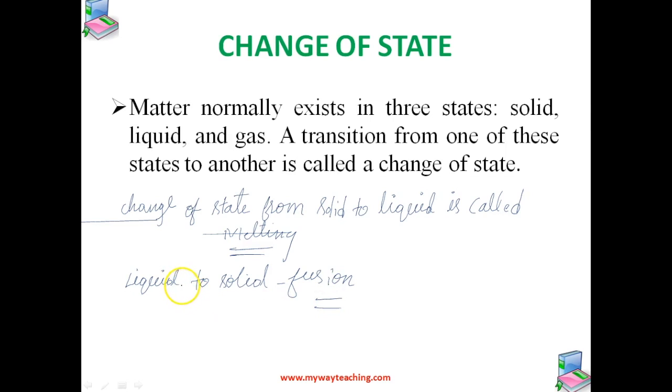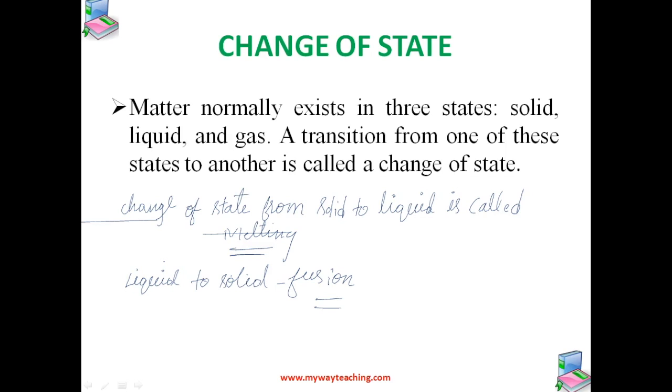So it is observed that the temperature remains constant until the entire amount of the solid substance melts. That is, both solid and liquid states of the substance coexist in thermal equilibrium during the change of state from solid to liquid.